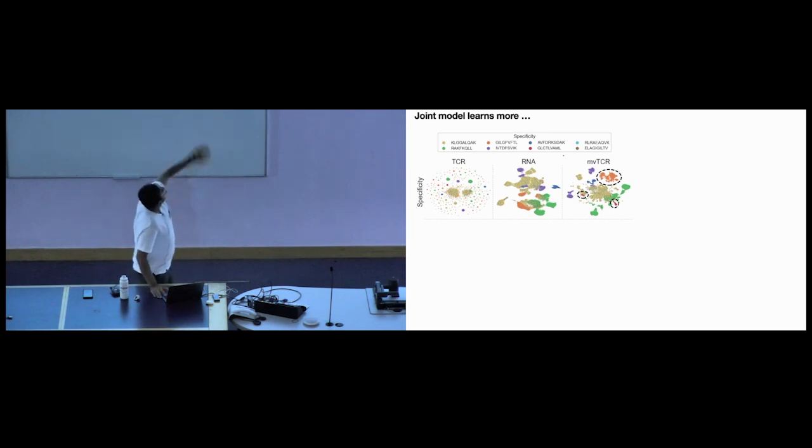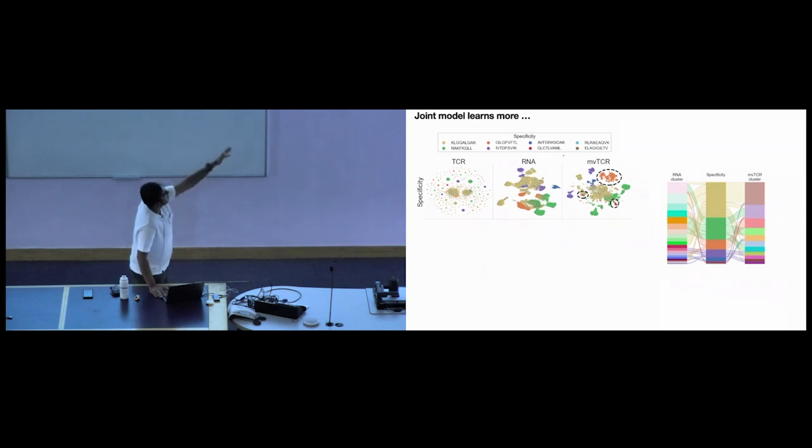They are colored by antigen specificity. Those are basically the peptides that the T cell would attach to. And you see that in the right representation, the one with MVTCR, for example, those three clusters that I highlighted, they were grouped together compared to the RNA or the TCR one.